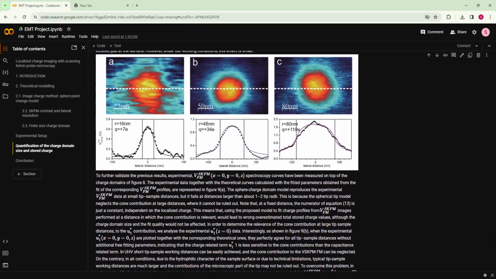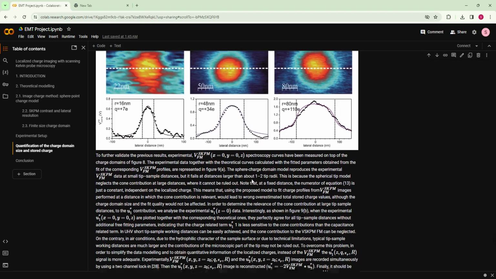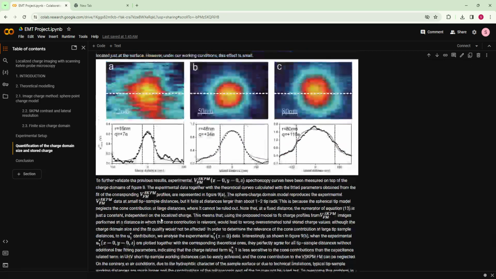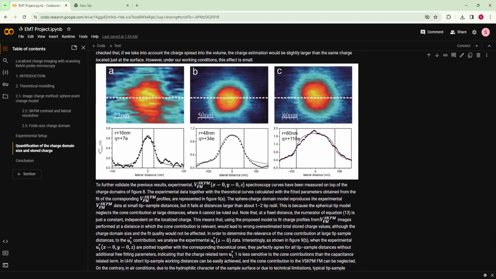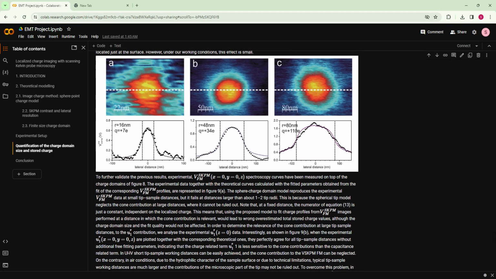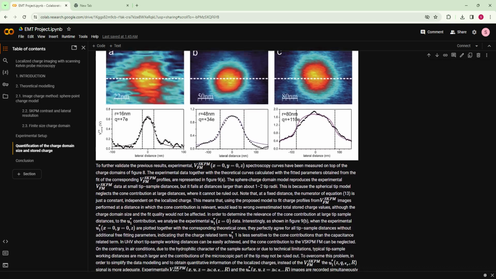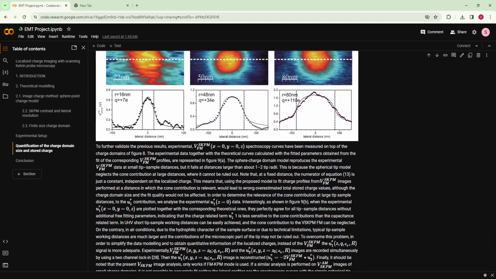To further validate the previous results, VSKPM FM spectroscopy curves at x equals 0, y equals 0 have been measured on top of the charge domains of figure 8. You can see the VSKPM here, and the lateral distance in nanometers here. The spherical charge domain model reproduces the experimental VSKPM FM data at small tip-sample distance, but it fails at distances larger than about 1 or 2 tip radii.